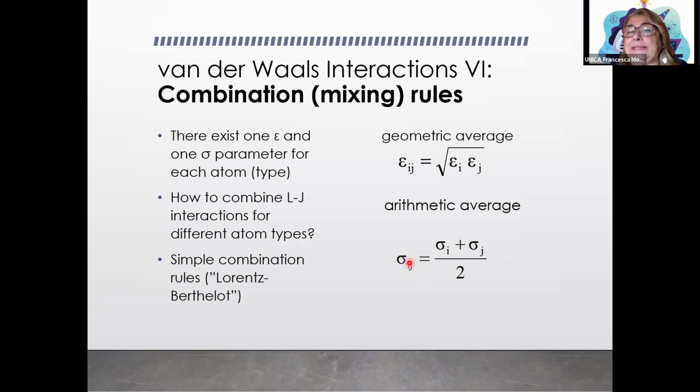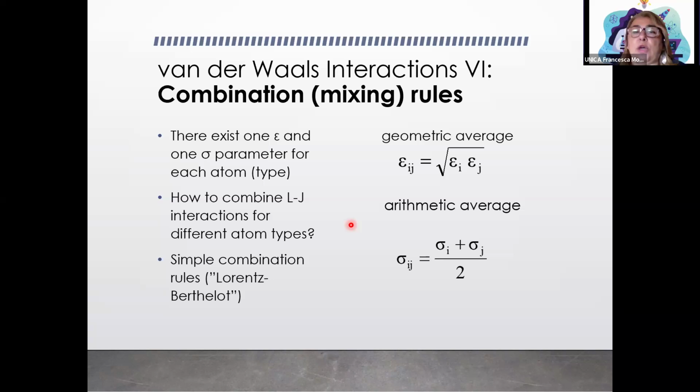And you have to pay attention whether the force field that you are considering uses, for each of the terms, epsilon and sigma, the same type of average or two different types of average.